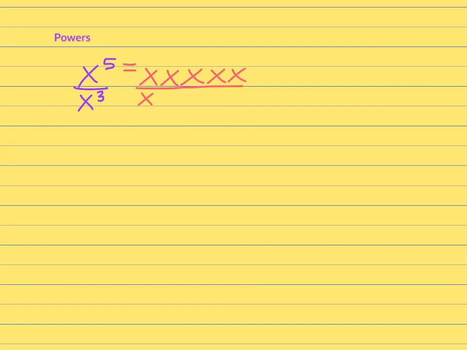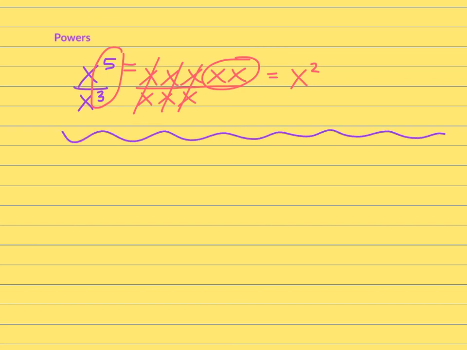X to the 3rd is really x times x times x. And then if we start canceling things out, I'm going to be left with 2 x's, and we would call that x squared. So really your rule here is that you're subtracting exponents. If you subtract exponents and you have more left on the bottom than you do on the top, then you would have a 1 over something. You would leave it on the bottom. So that's the first thing I want to remind you about powers.